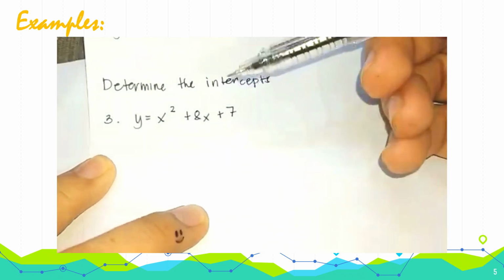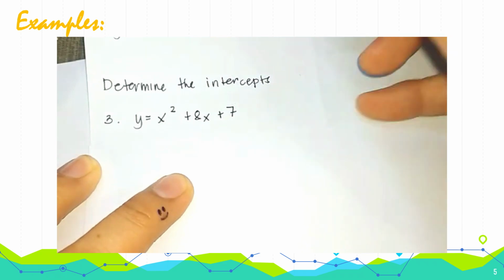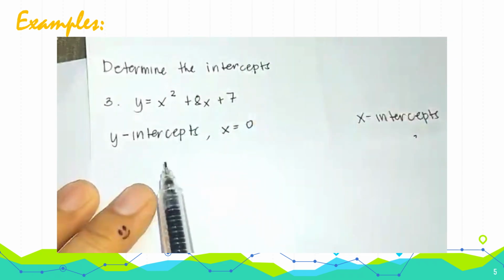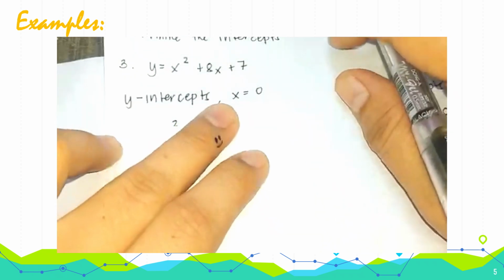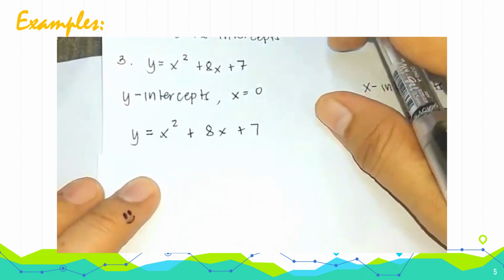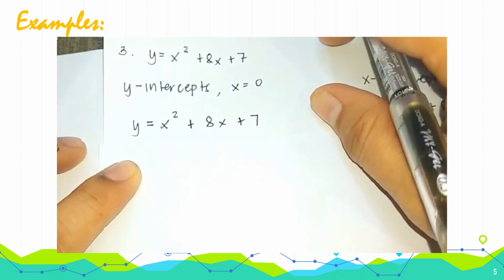Third example, what if the given polynomial is not in factored form? Let us find its y-intercept. So we let x be equal to 0. This is the given polynomial.